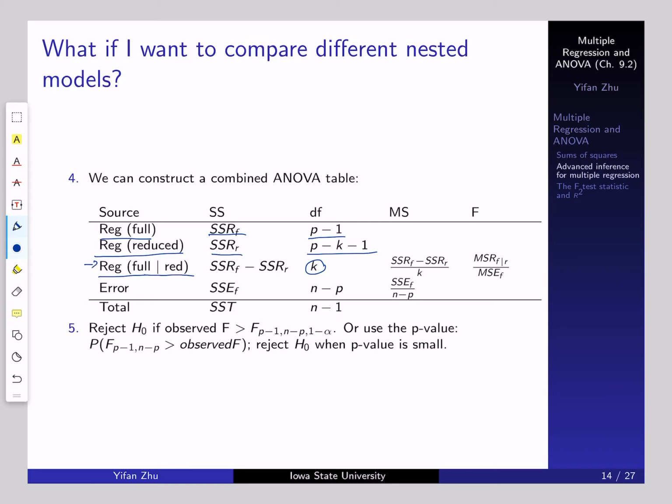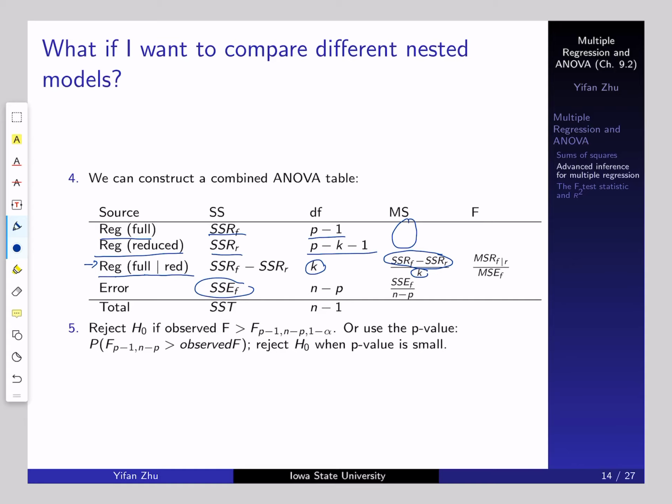We are not interested in the mean squares of the full model and reduced model. We are interested in the extra variation, the mean square of the extra variation. So we have the extra variation divided by the number of extra parameters. And we also have the SSE, which is based on the full model.